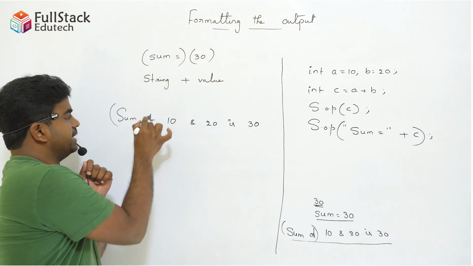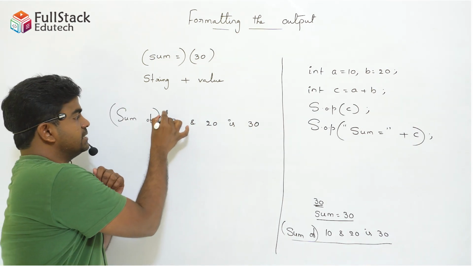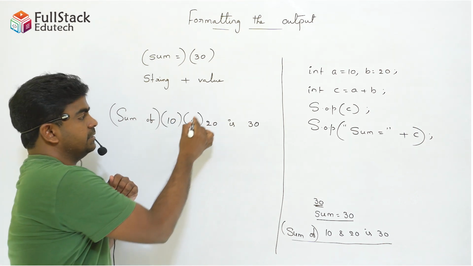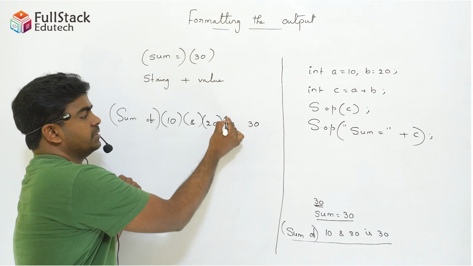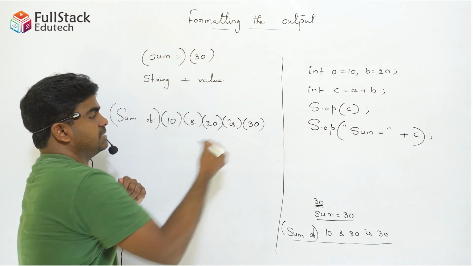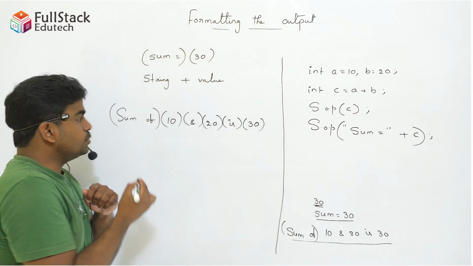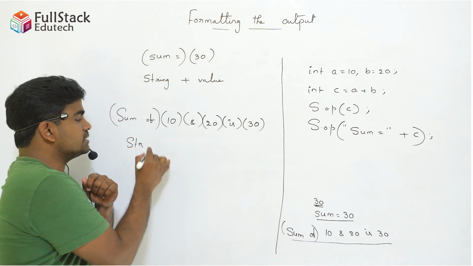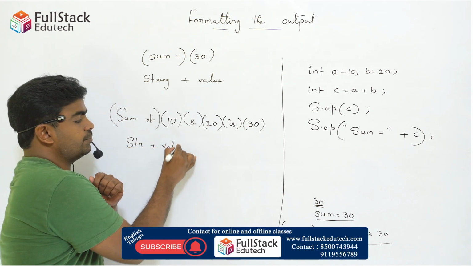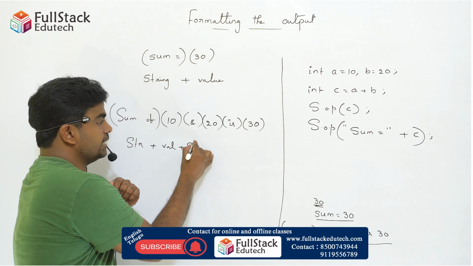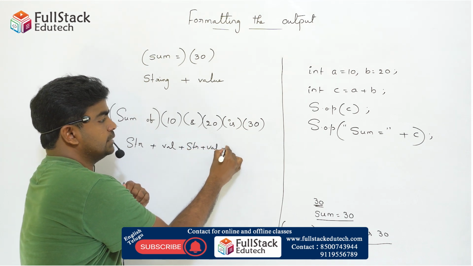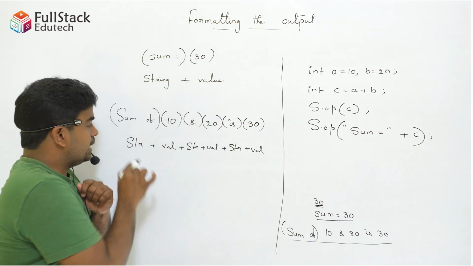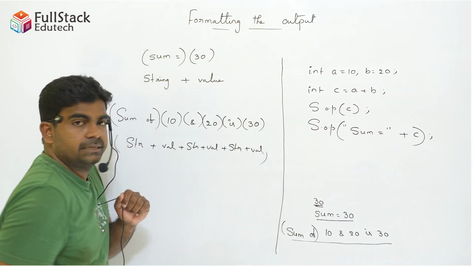This is the string, this is the value. Again, this is the string, this is the value. So strings we always represent with double quotes plus value, again string plus value. In this format you have to write.